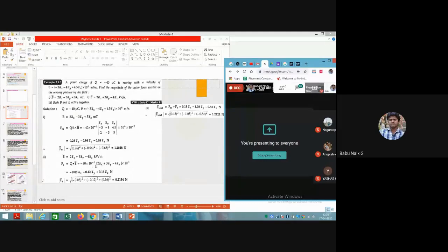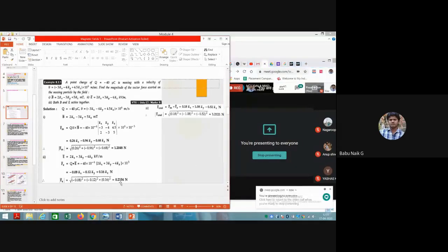After multiplying, the electrostatic force has x minus 0.08, y minus 0.12 and z 0.16 components. The magnitude of this electrostatic force is 0.2154. So you can compare these two.